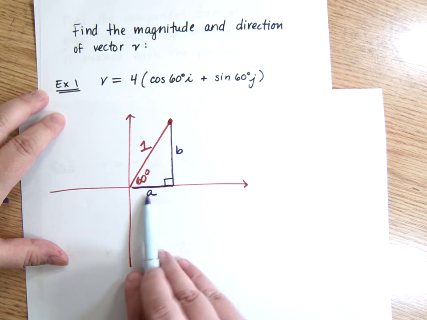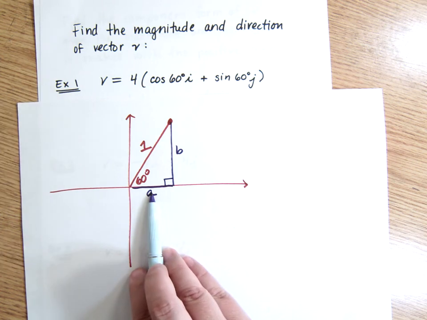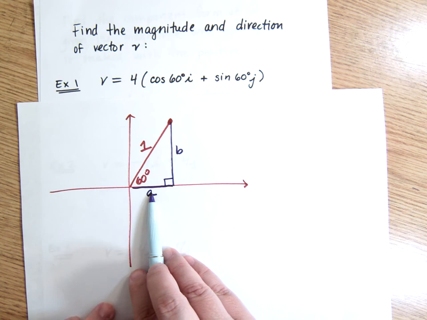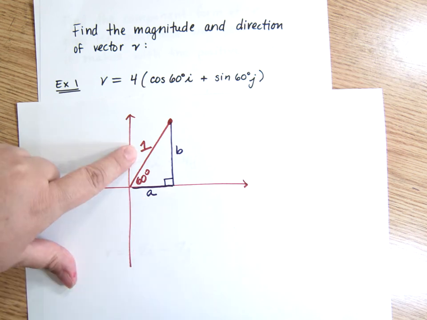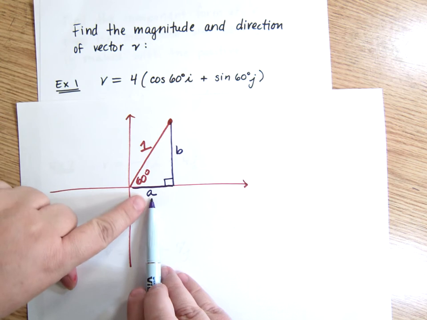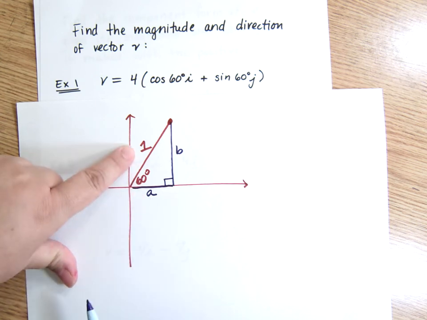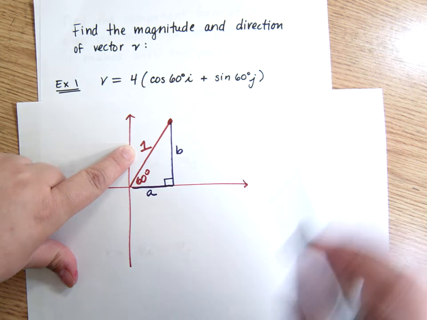So let's go with a first. You can't do them both at the same time. a is adjacent to the 60-degree angle. The only other side we can work with, because it's the only other side we have, is the 1, which is the hypotenuse. So we're working with the adjacent and the hypotenuse. What's adjacent over hypotenuse? Well, it's cosine.